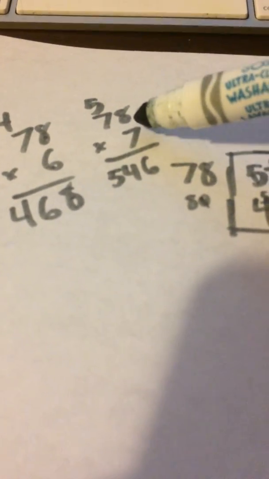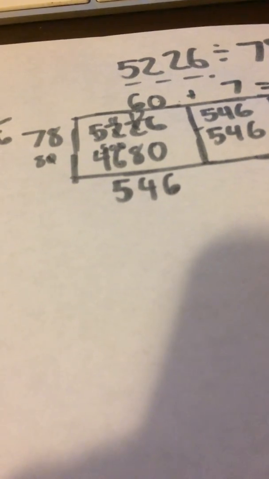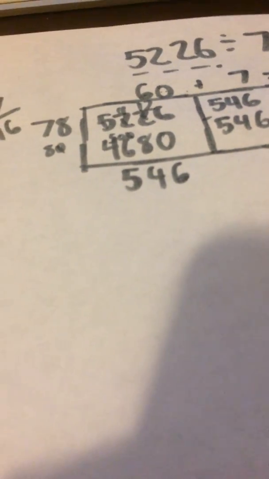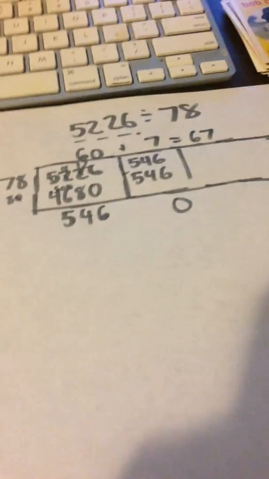Now, the numbers that I put across the top, so remember at the beginning I had the 6, I put the 0 up. On this one, I went in 7 times, I put my 7 up top. Those numbers, I'm going to add them across, and that's going to give me my final answer. So 60 plus 7 is 67. Okay? So that's how you work it out.